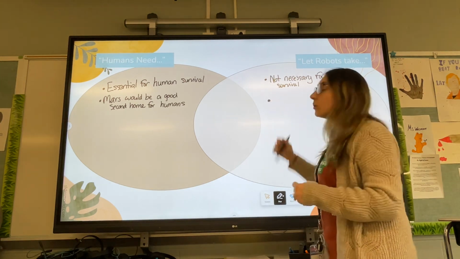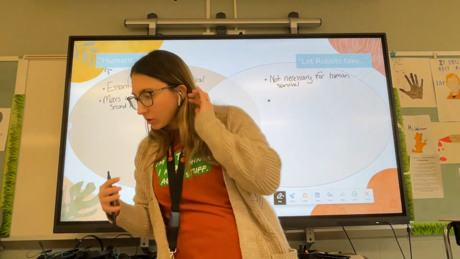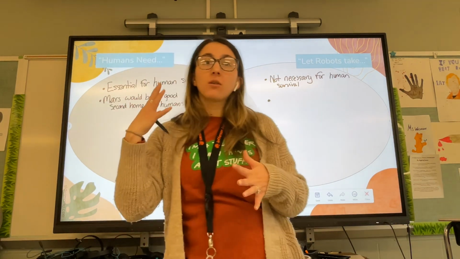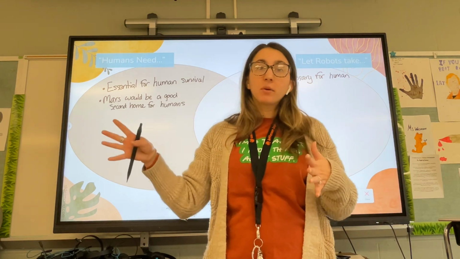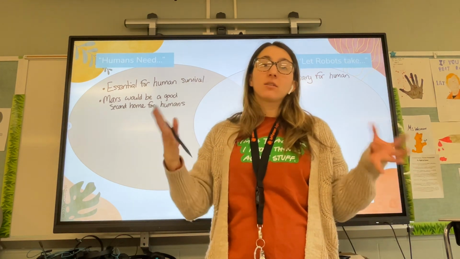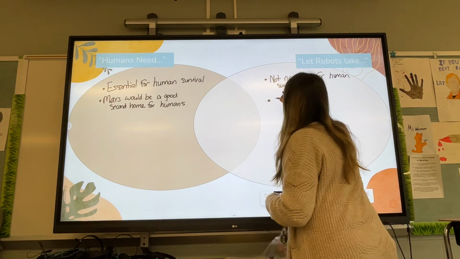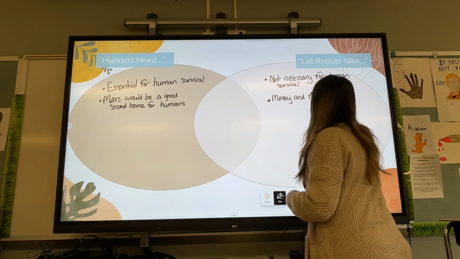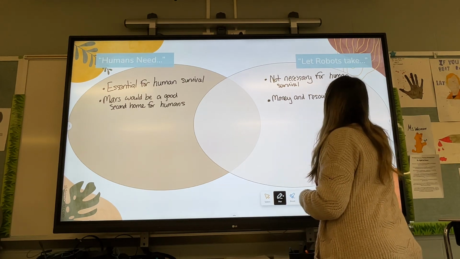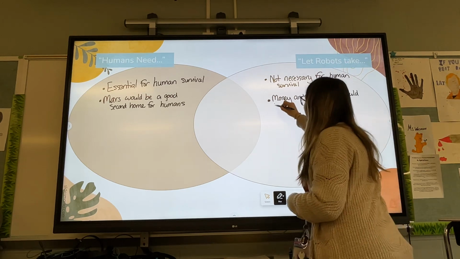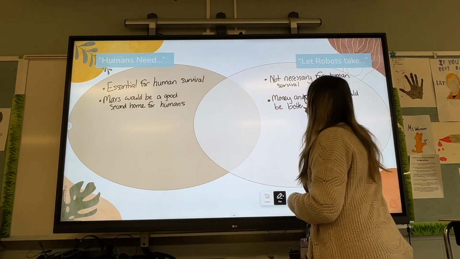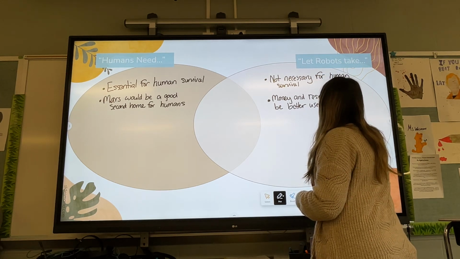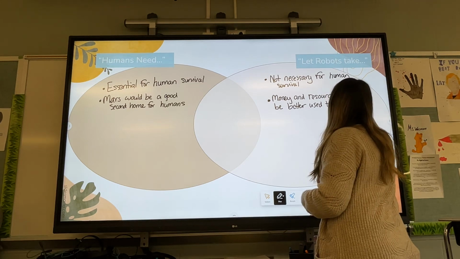But with "Let Robots Take to the Stars," she was saying that the money and resources that would be going to Mars would be better used to fix Earth.